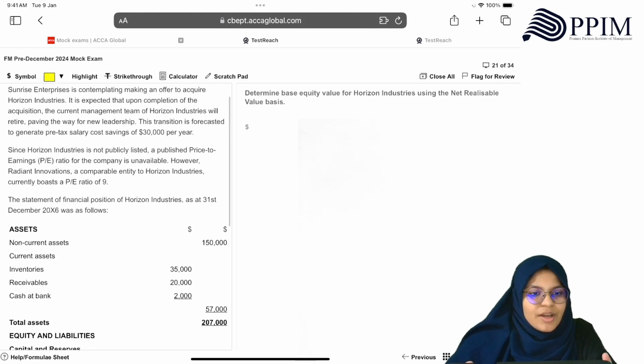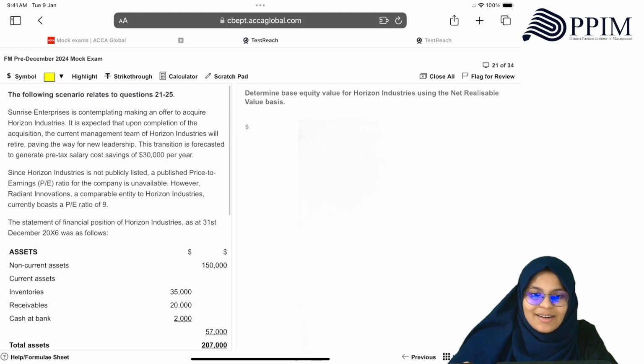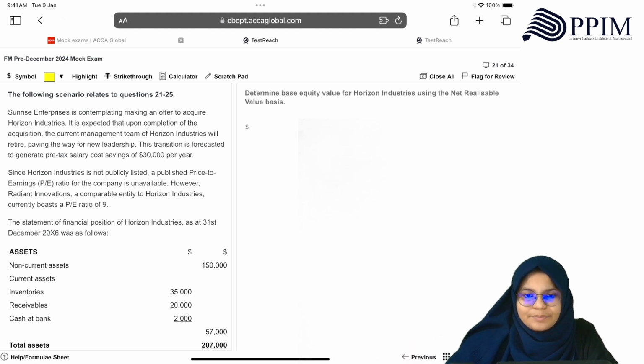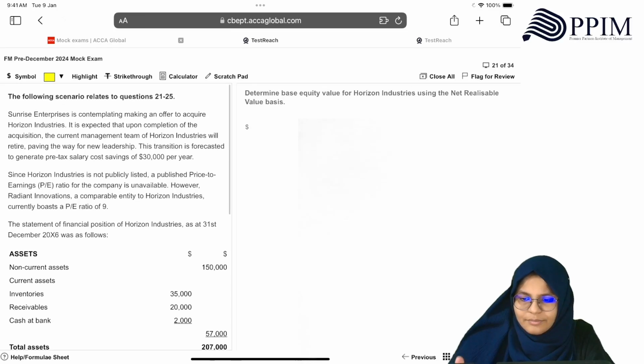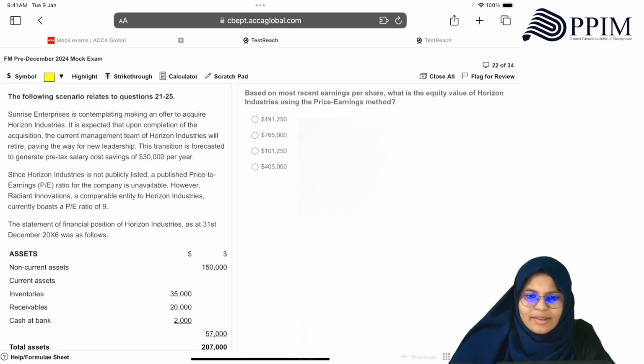Right. So now we look at this company called Sunrise Enterprises. Read the requirements first. Saying determine the base equity value for Horizon Industries using the net realizable value basis. Then they are talking about something to do with the price earnings method.